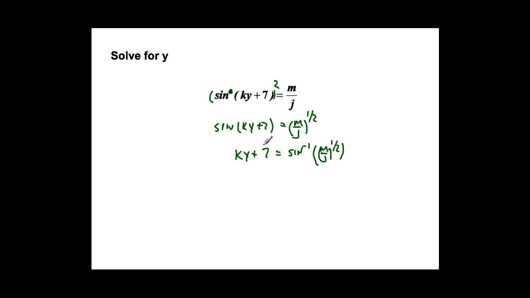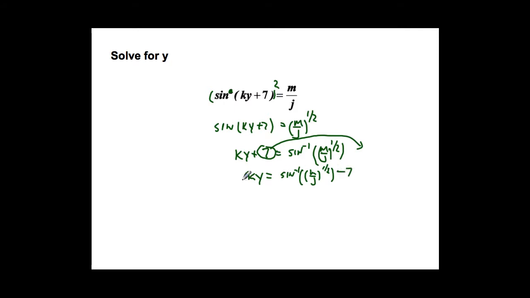Now we're trying to solve for y, so we have addition and subtraction. I can't just divide k by both sides because I would have 7 over k. So let's move the 7 over. When we move the 7 over, it changes its sign. So ky is going to be equal to the arcsine of the quantity m over j to the 1/2 power, and that would be minus 7.